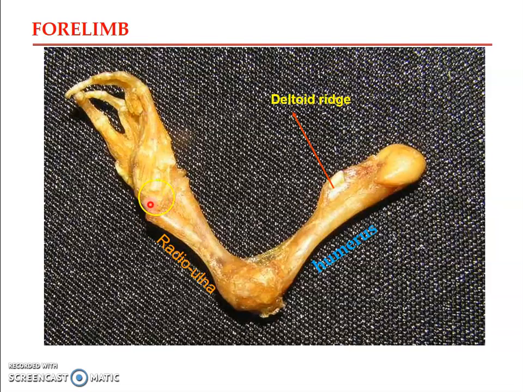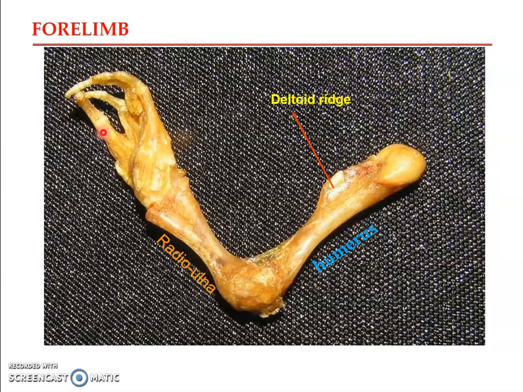So the wrist part is formed of 6 carpals. The palm portion is formed of 5 slender metacarpals, and these are the fingers which are supported by the phalanges. The first metacarpal is highly reduced, and corresponding to that, thumb is also reduced.